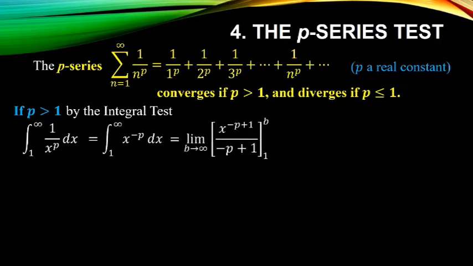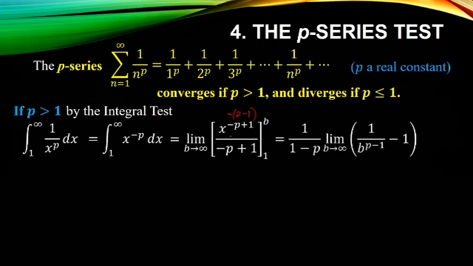By evaluating the integral, we have the limit as b approaches infinity of x raised to negative p plus 1 over negative p plus 1, and x is from 1 to b. Since this is actually equal to negative of p minus 1, this is equal to 1 over 1 minus p from the denominator. So 1 over the denominator, positive 1 minus p.